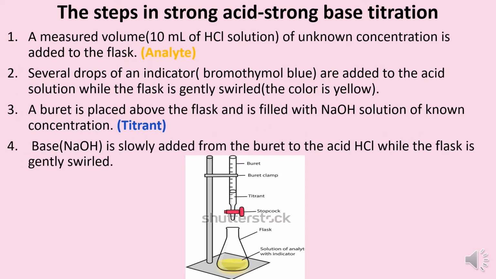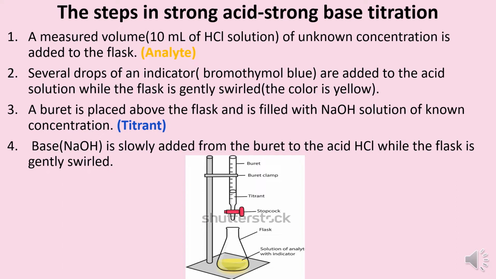Now the fourth step is start titration. How? By adding the base NaOH slowly from the burette to the acid HCl while the flask is gently swirled. Now, what do we observe?